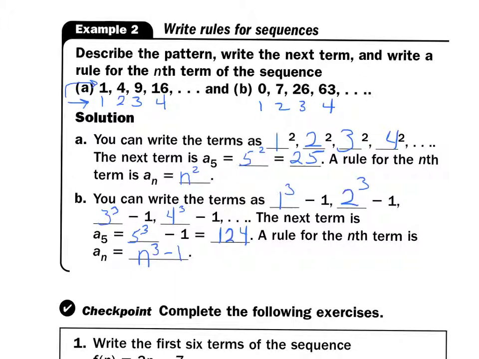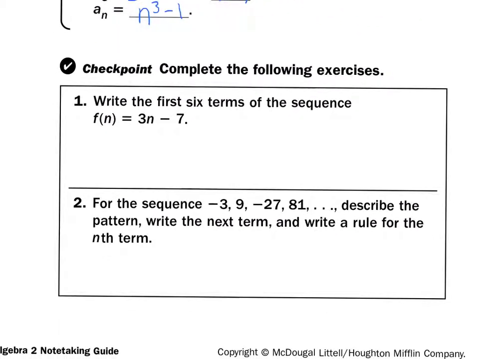Okay, checkpoint. Write the first 6 terms of the sequence. So you're going to put n is 1, and then n is 2, and then n is 3, and write out the values for those. Okay, on 2, you're going to number these. So let's go ahead and do that. 1, 2, 3, 4.